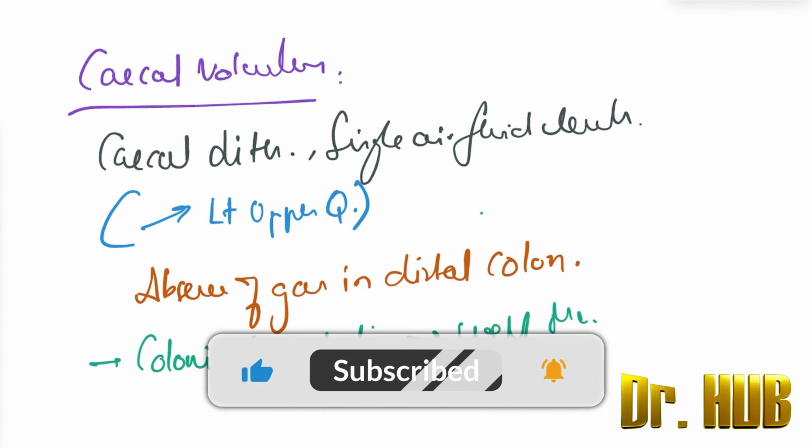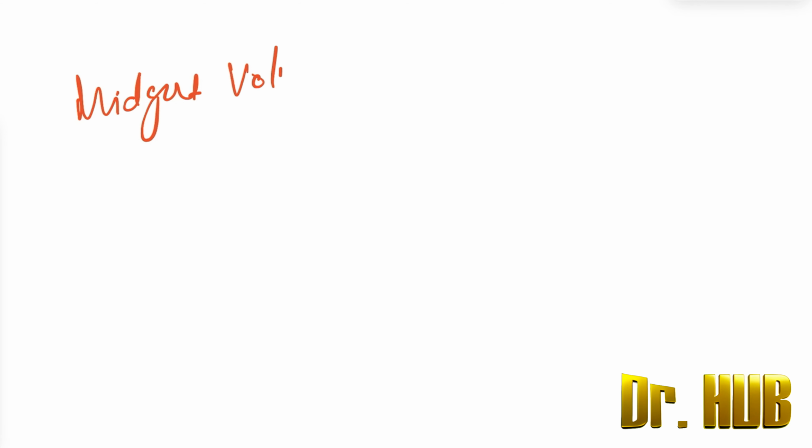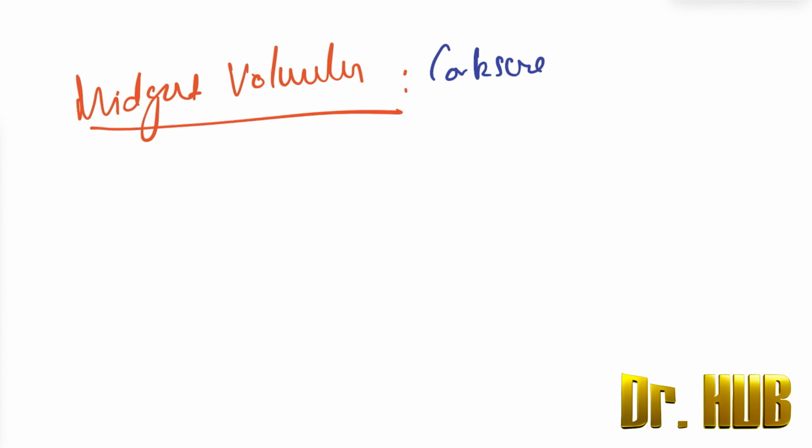Next we look at midgut volvulus. What happens in midgut volvulus? There is a corkscrew appearance, and it shows the duodenum and the jejunum.